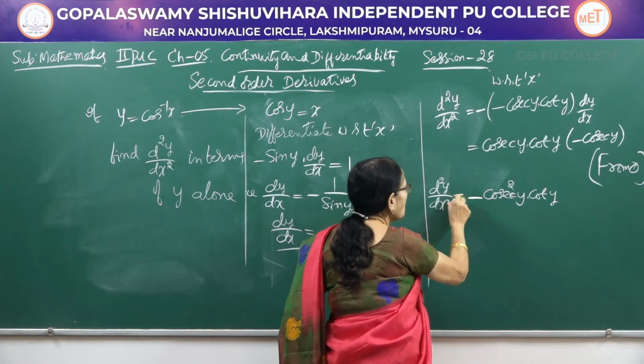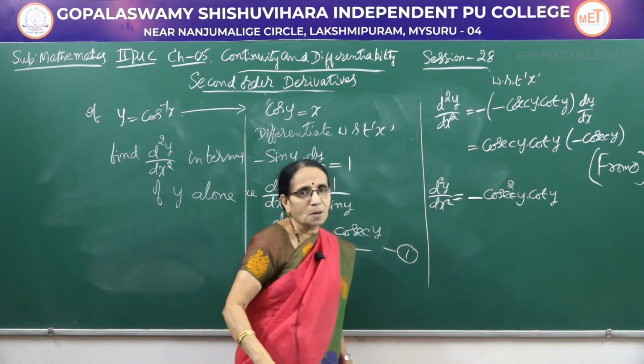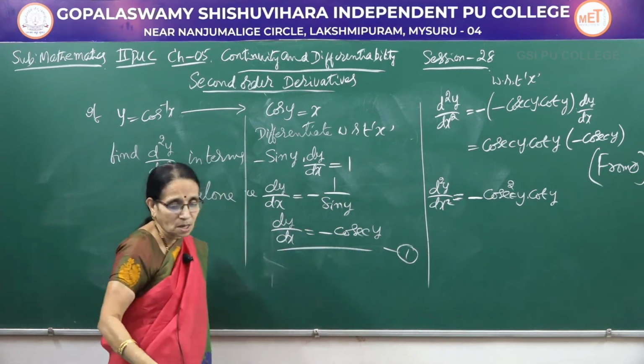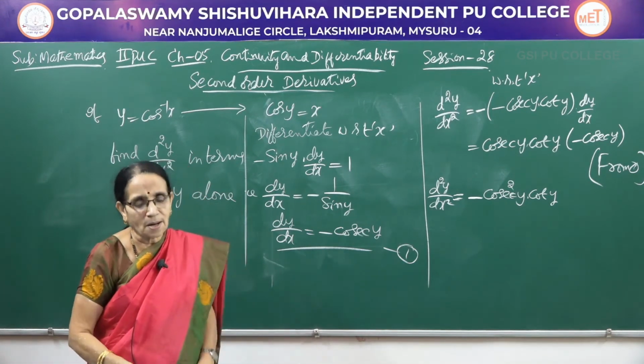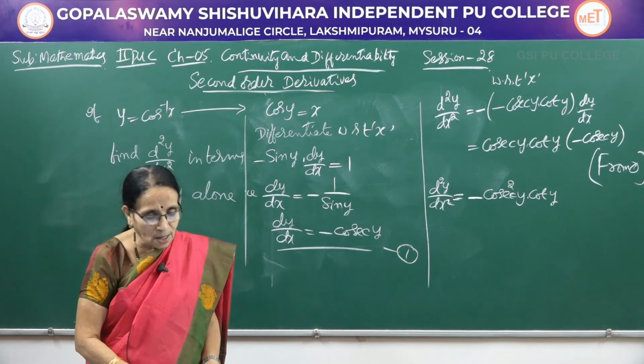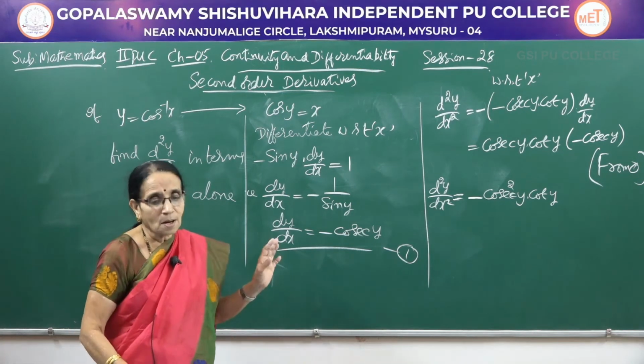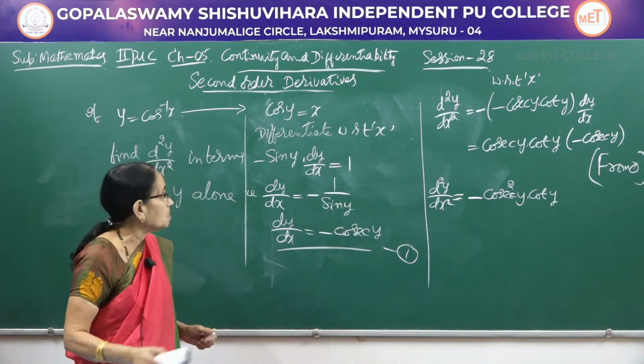And you observe here, we don't have any x term at all. So this is the procedure. If a particular way the answer is expected, always write it like this. So read the question correctly, then only you can write the appropriate answer.